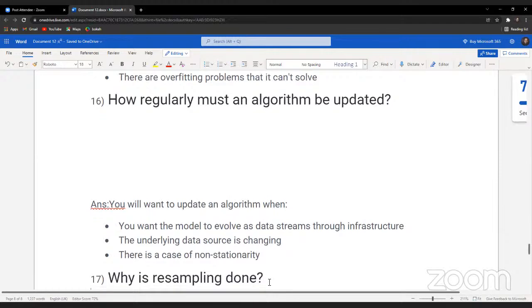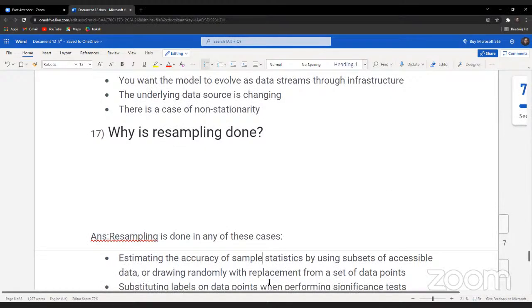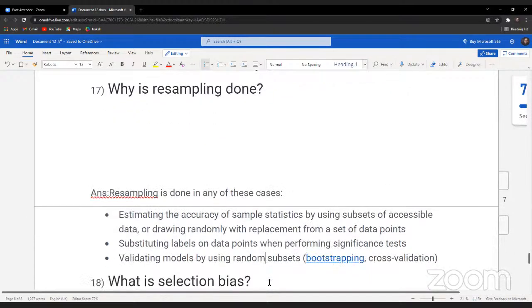Why is resampling done? Resampling is done in any of these cases. By estimating the accuracy of sample statistics using subsets or accessible data, or drawing random variables which have been replaced by a set of data points.